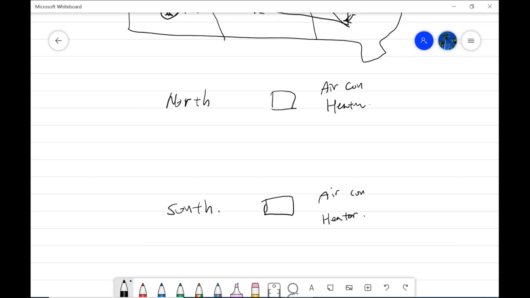The normal way to think is, because you have to sell both electronics in both areas, you might have the same number of inventory: 100 and 100 in the north, and also 100 and 100 in the south, for the air conditioners and the heaters.